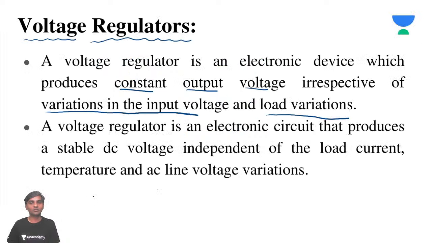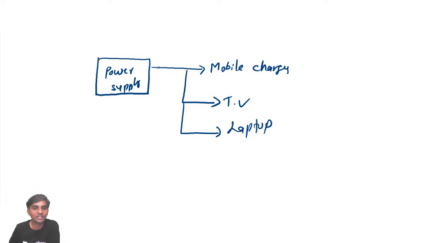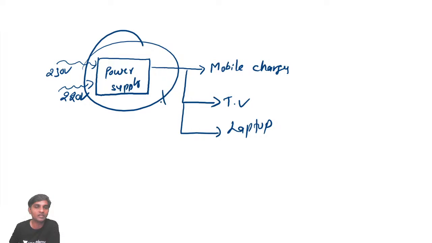What is it saying, sir? It should give a constant output voltage despite variations in the input voltage and load variations. Let's say initially you got 230 volts, but because of some power fluctuations you got only 220 volts.